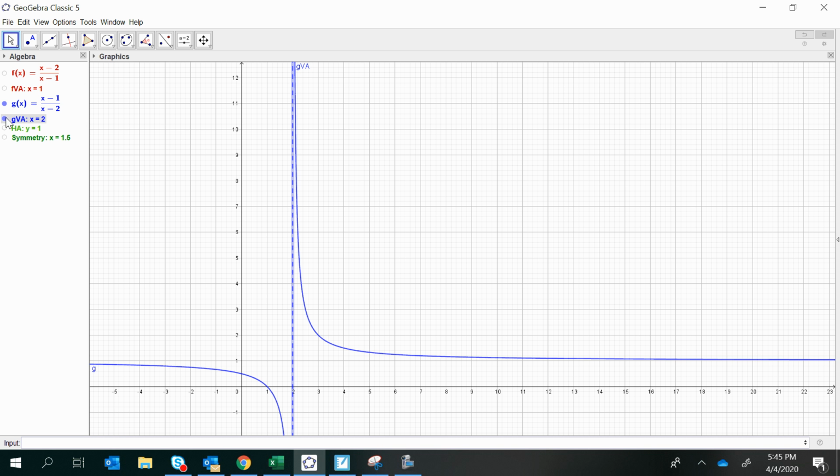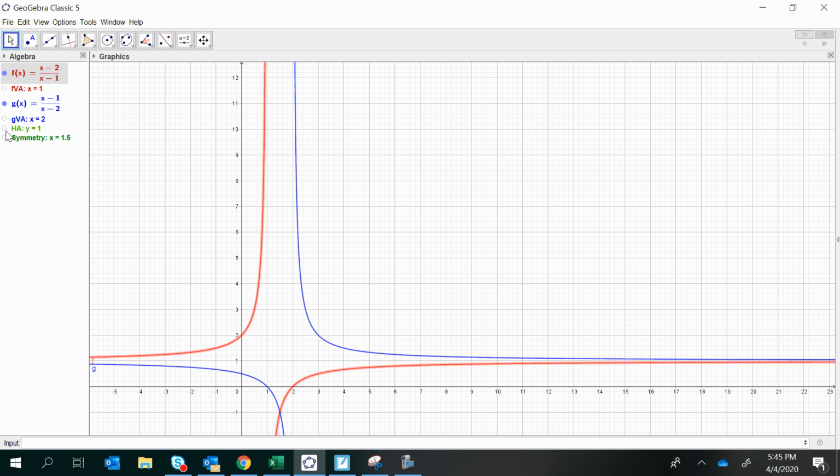And just to try to understand why this axis of symmetry between the two functions exists, again, let me take away the asymptotes and put the two functions and then the line of symmetry. So this is where they are mirror images when they're both graphed together at the same time. Everything looks mirror imaged through this point on the x-axis, this line x equals 1.5.